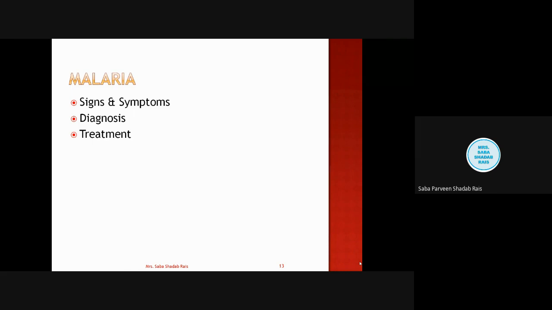A major drawback of this dipstick method is that the result is qualitative. That means you can say whether the malarial parasite is present or not present. It cannot test the number of malarial parasites, but it can detect the presence. For example, take the urine pregnancy test.